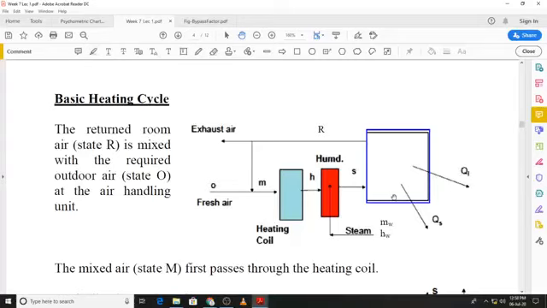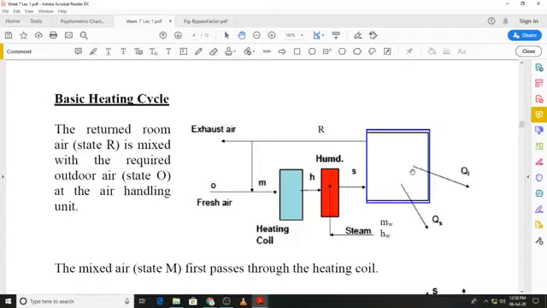To maintain the desired temperature and humidity ratio in the conditioned space, we will have to provide air which is warm or heated and humidified to the space, so that this air balances the loss, both latent and sensible, from the conditioned space and maintains it at the desired state.